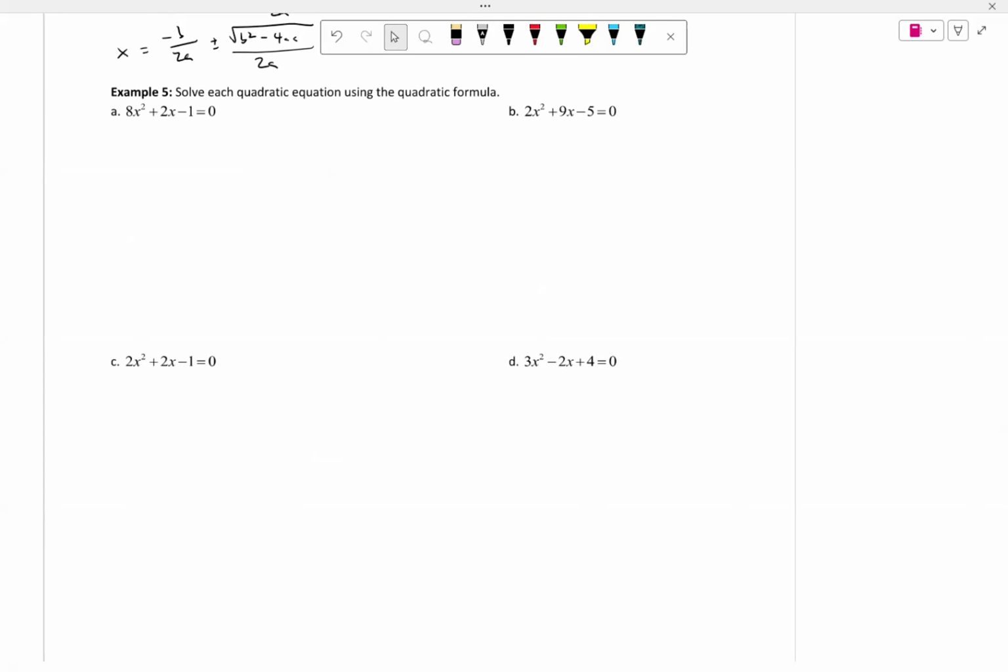So you can use this. Is that true? It's minus negative four.